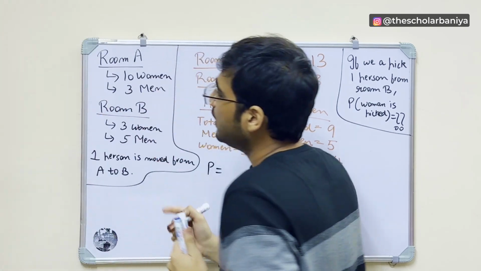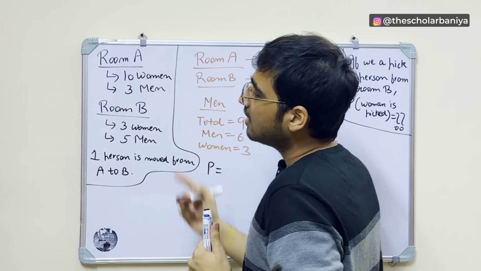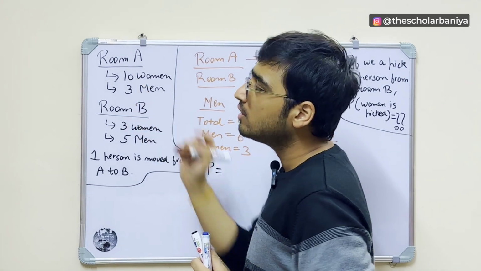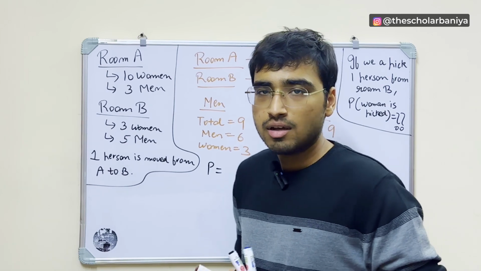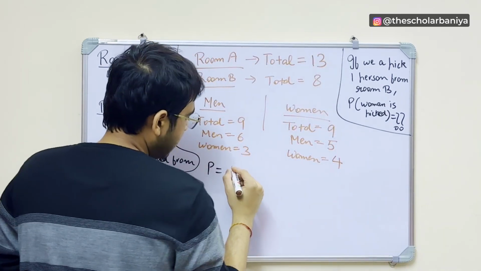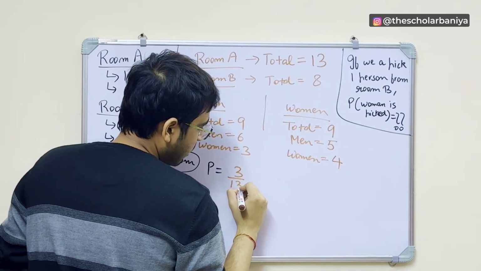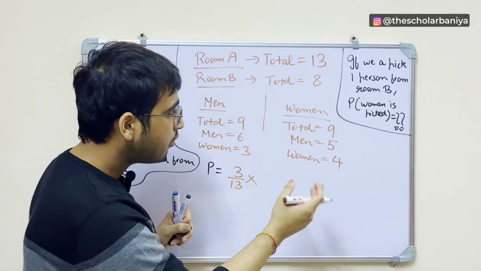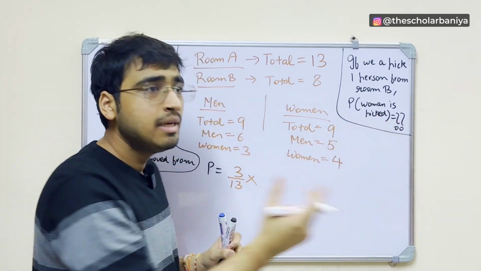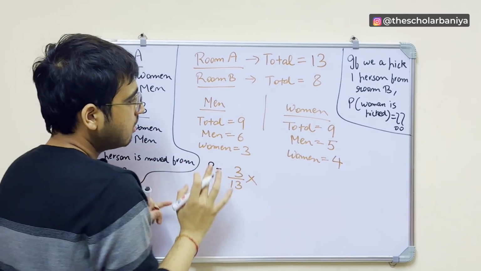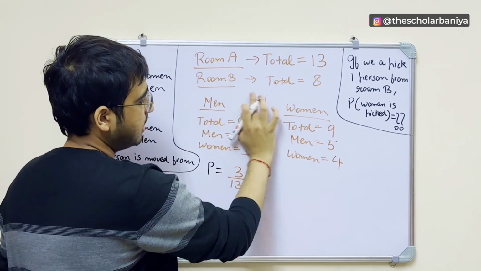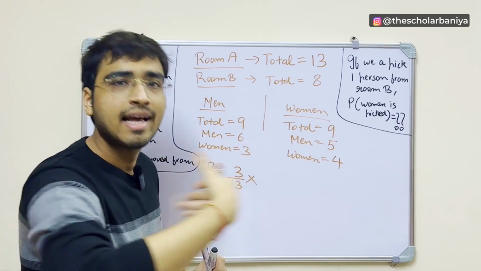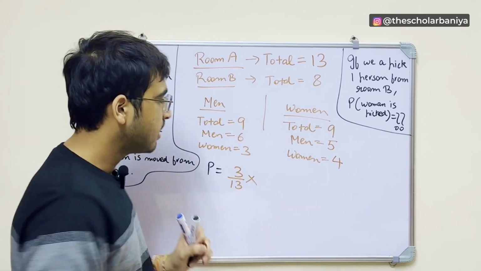So what is the probability of picking a man from room A? The probability of picking a man from room A is 3 upon 13. So this becomes 3 upon 13 into the probability of a woman being picked from room B, because in this case we have picked a man from room A and then picked a woman from room B.